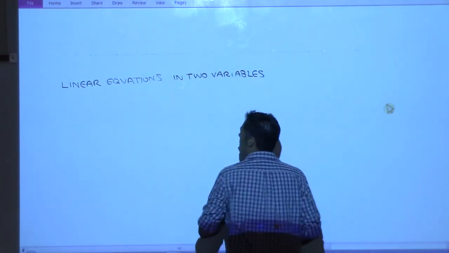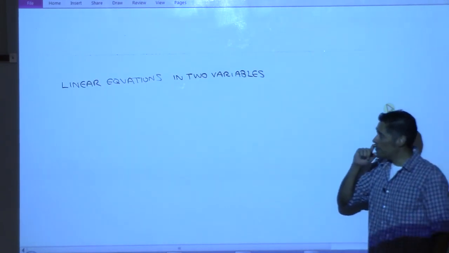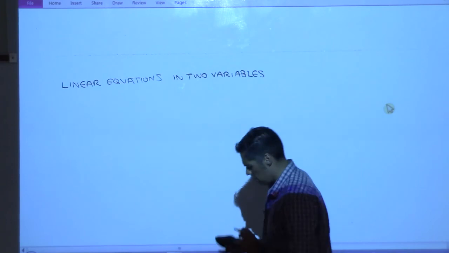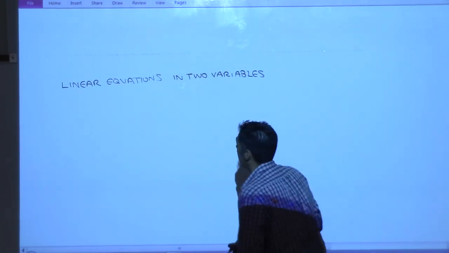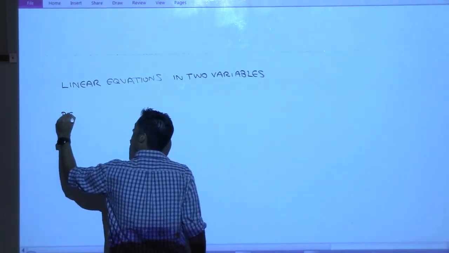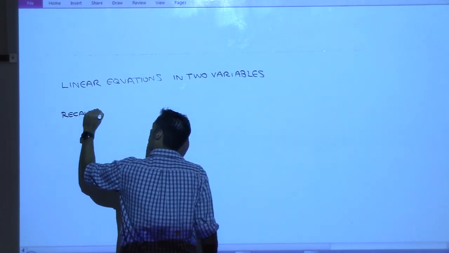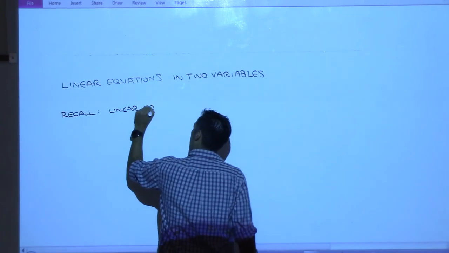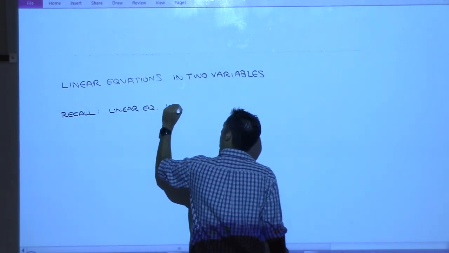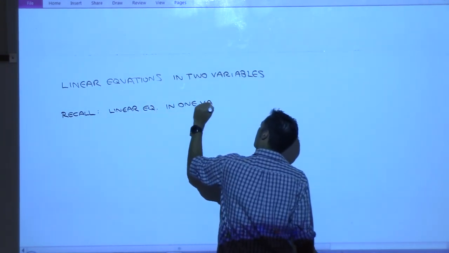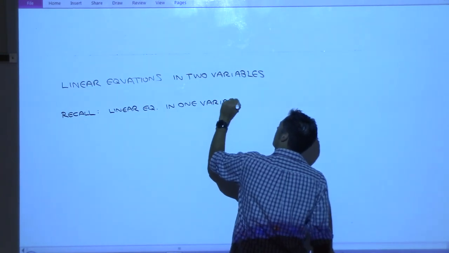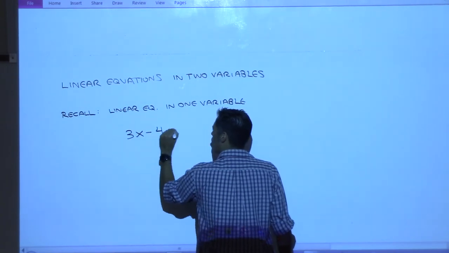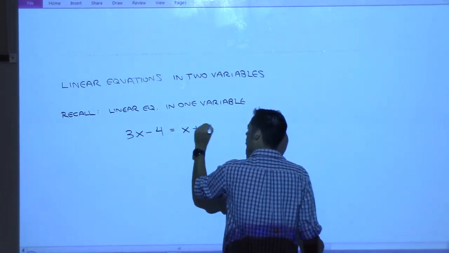All right. So as a reminder, we've already looked at linear equations in one variable. So recall, if we have a linear equation in one variable, then an example of that would be something like this: 3x minus 4 equals, let's say, x plus 2.